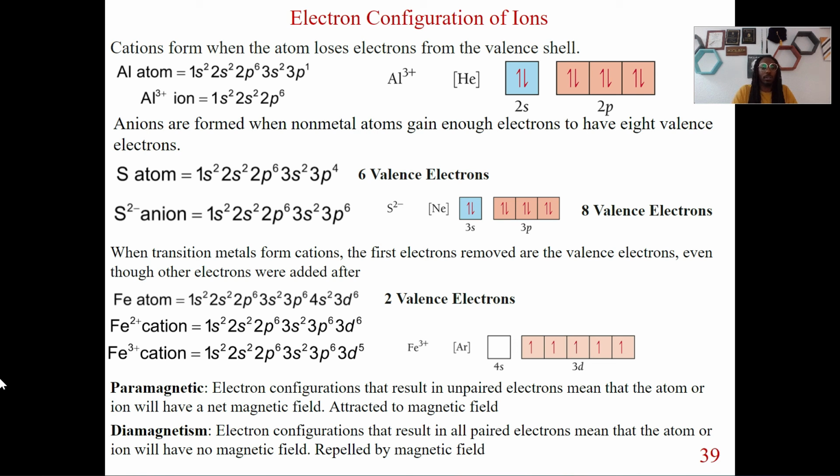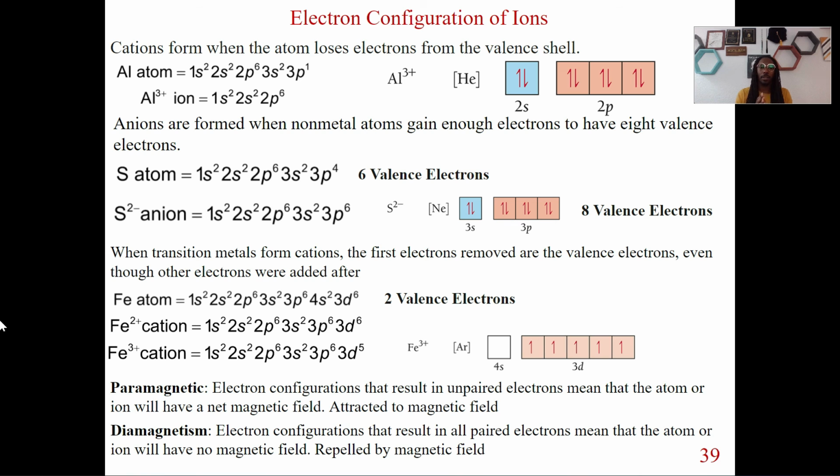When we talk about diamagnetic, we're talking about electron configurations that result in paired electrons. And we understand now why we see more paired electrons: everybody's trying to be stable, and sometimes to be stable you have to be in pairs to completely fill our orbitals. With diamagnetic, that means all the electrons in the atom or ion orbitals are paired.